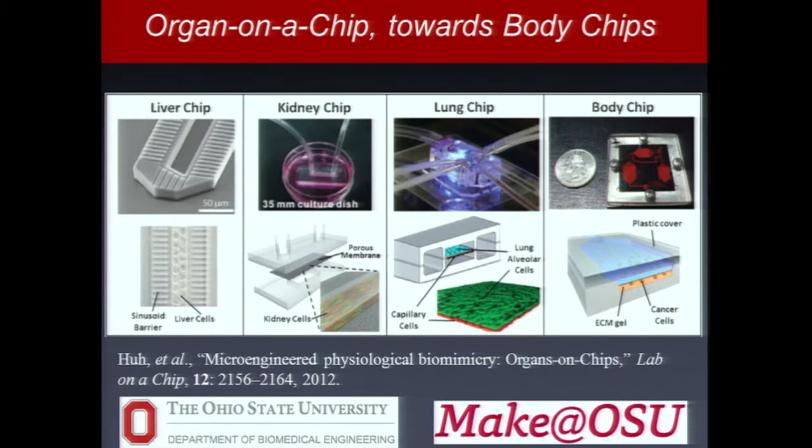You can then take it to another artificial organ, and so on. And so you could have ideally a body chip where you can test the effects of drugs as they're moving through different cell phenotypes of different organs in the body. And we can introduce a lot of different functionalities. We can have membranes where we have different cells growing on the other sides of the membranes and so on.